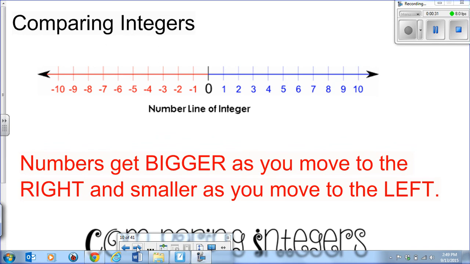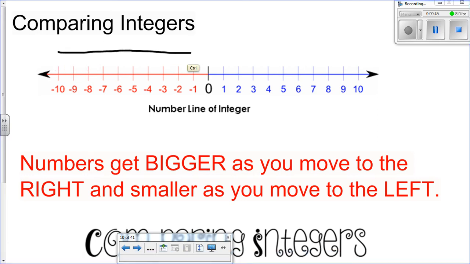Alright, so the first thing I want you to do is go ahead and take a look at your notes and take a look at the number line. We are going to compare integers. So we have this number line here. Now what I want you to note is as we move to the right on our number line, are our numbers getting bigger or are they getting smaller?